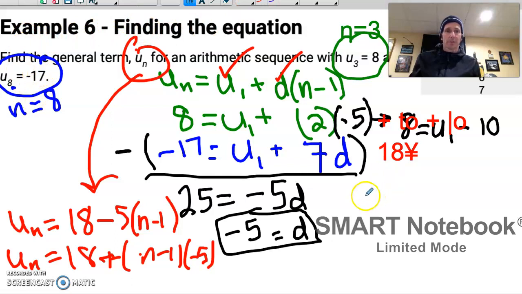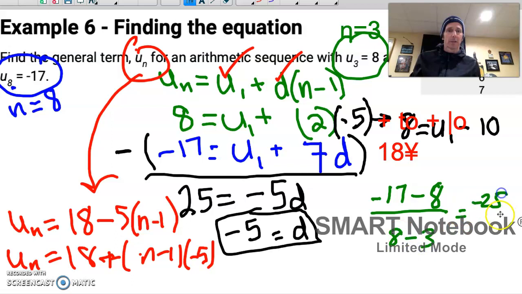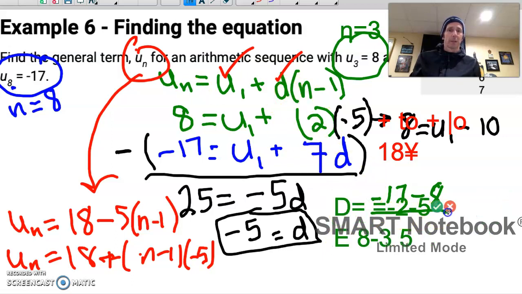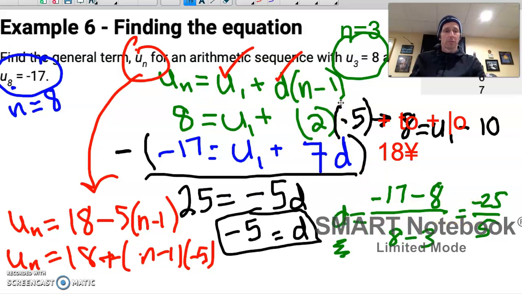If I take negative 17 minus this one, which is 8, so I'm kind of finding the difference between your y's, and I also come over here and go, there's my x's, 8 and 3, and if I were to go 8 minus 3, I would get negative 25 over 5, which would also give me my common difference, which you'll notice is sort of in the position of slope in this equation. And that is enough extra math for you for right now.